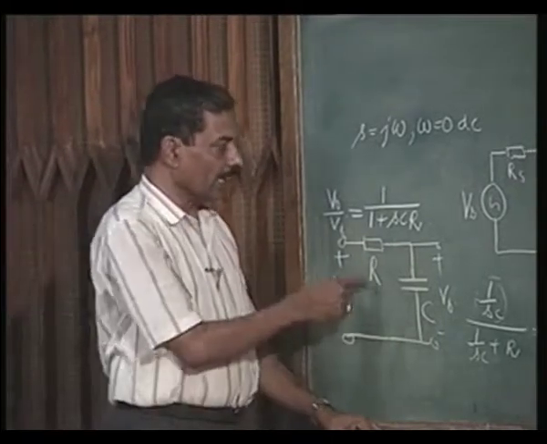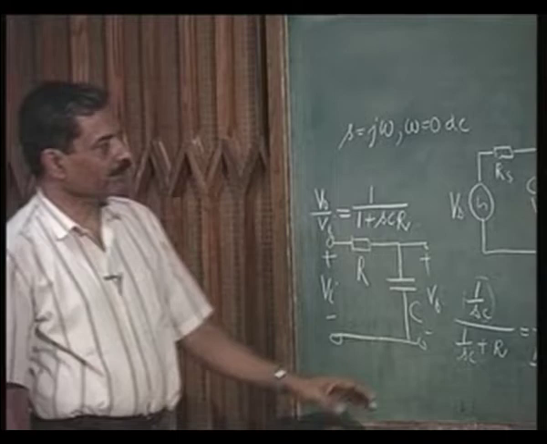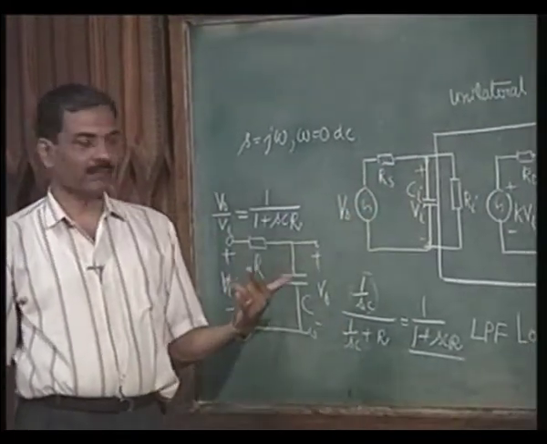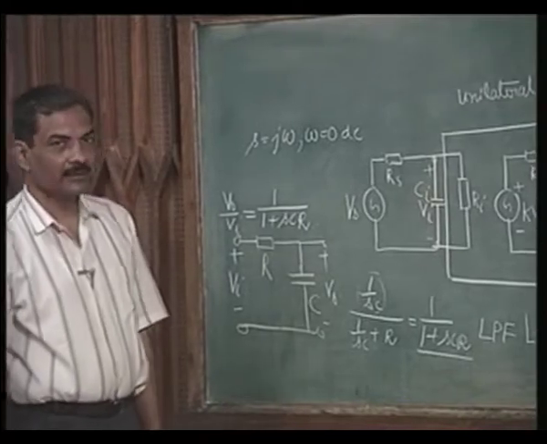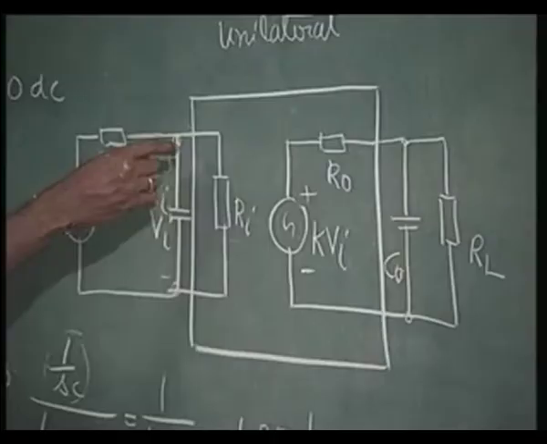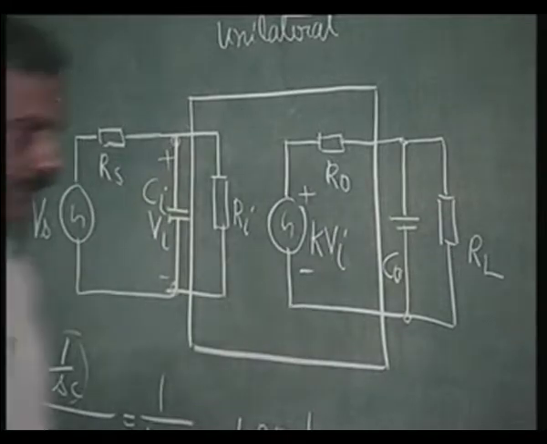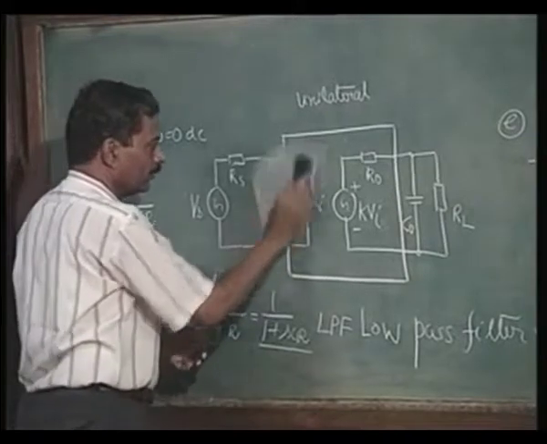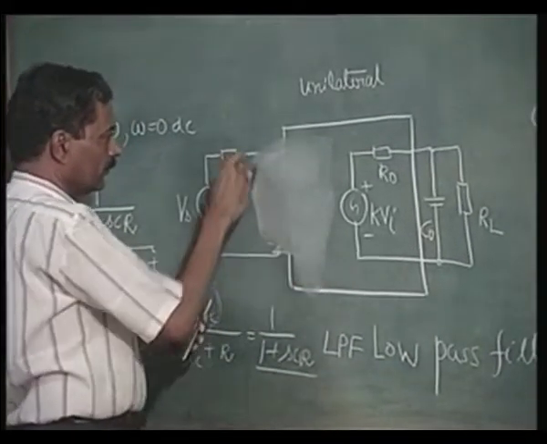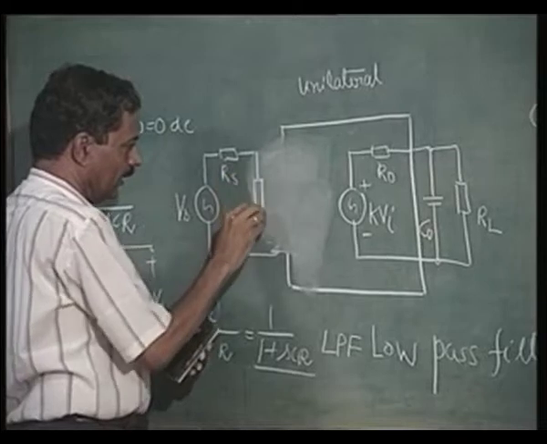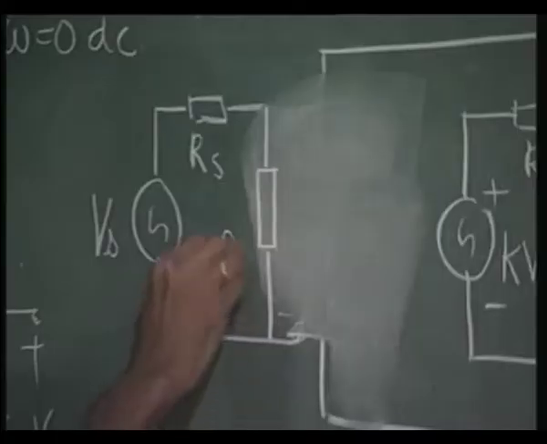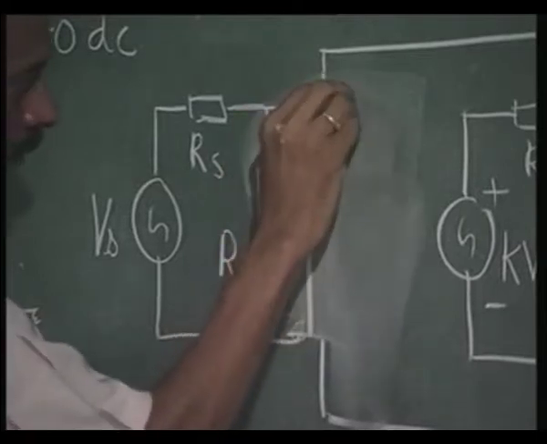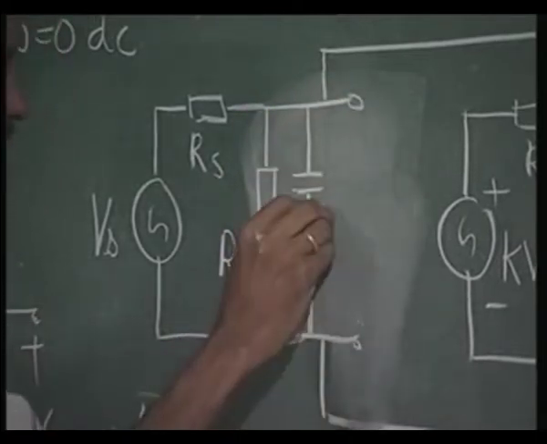Now, what is this R? In our case, we can replace this equivalent here by a Thevenin's equivalent. What is the Thevenin's equivalent? You can just put down this circuit at the input as Ri here, Ci.